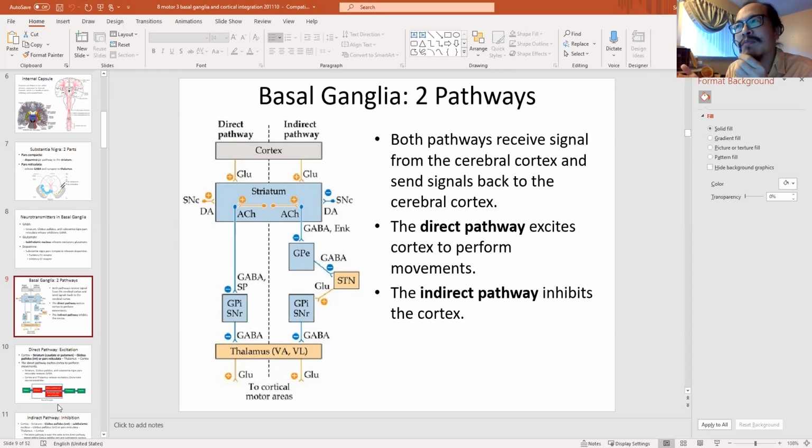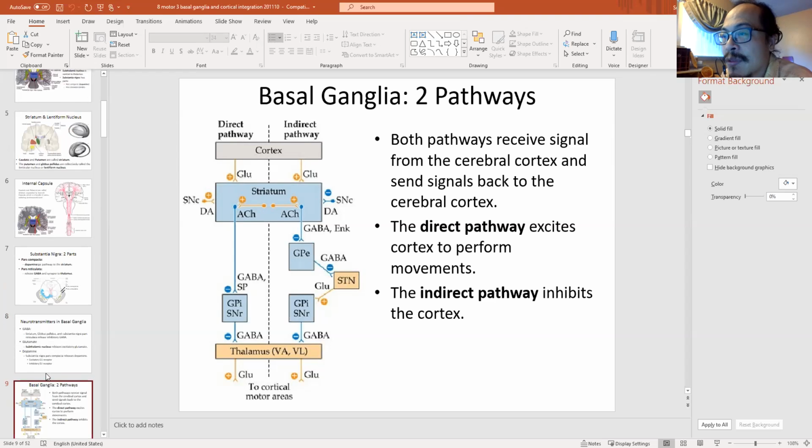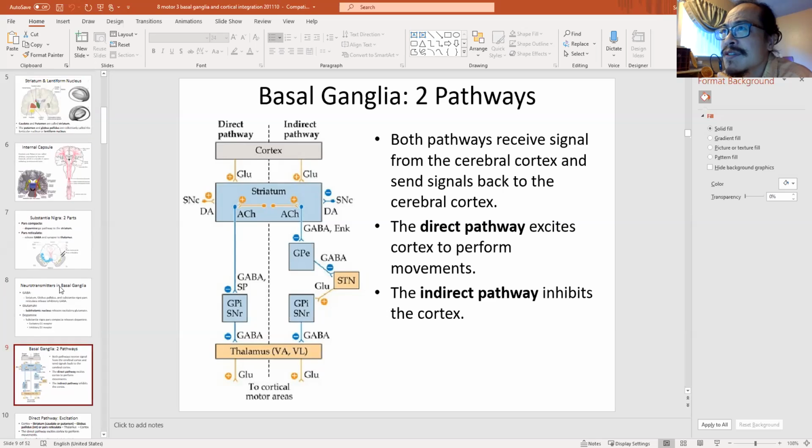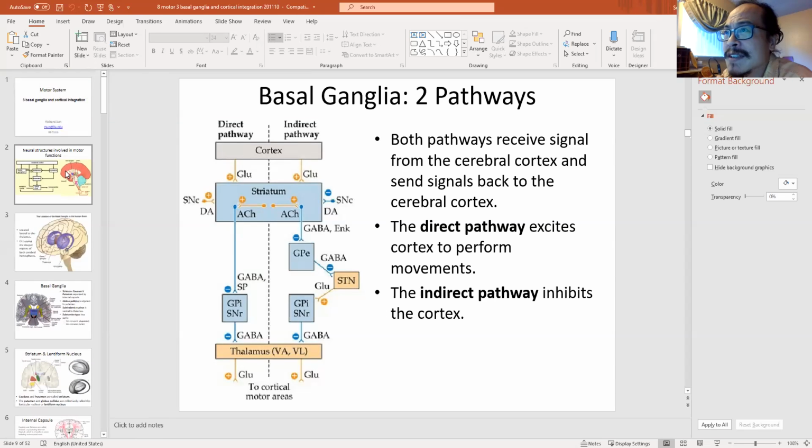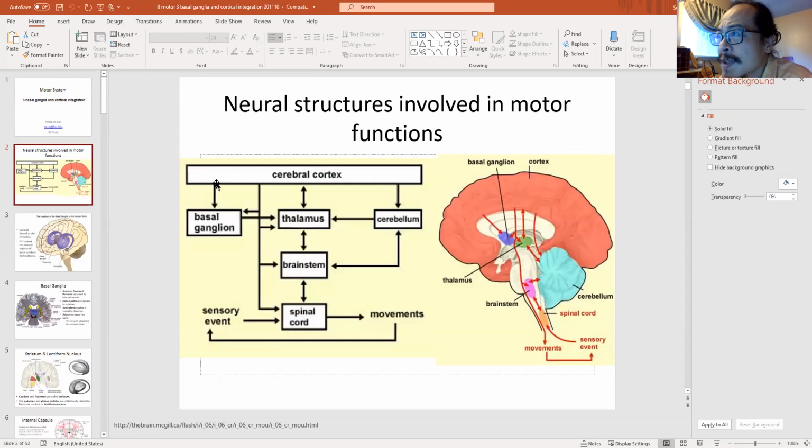The way to think about it is that the direct pathway is the name for the pathway that lets the signal pass through. You need to know that the signal goes from the cortex to the basal ganglia and back to the cortex. The direct pathway basically gives a green light. Like at a crossing, when you see the green light, you basically don't see anything, you just go through.